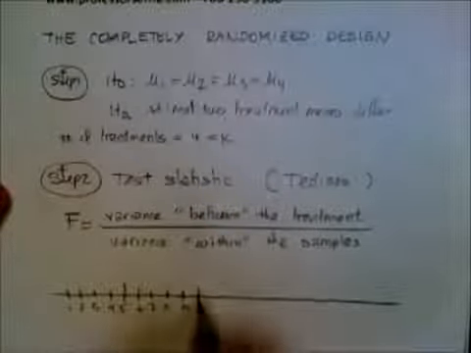So 1, 2, 3, 4, 5, 6, 7, 8, 9, 10, 11, 12, 13, 14, 15, 16, 17, 18, 19, 20. Okay, and I'm going to represent the boys with a triangle and the girls with a circle.